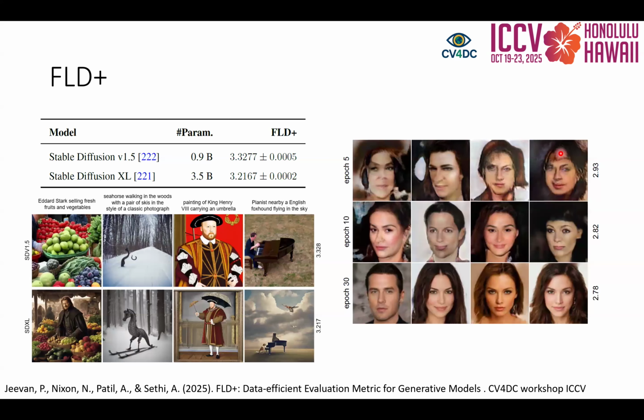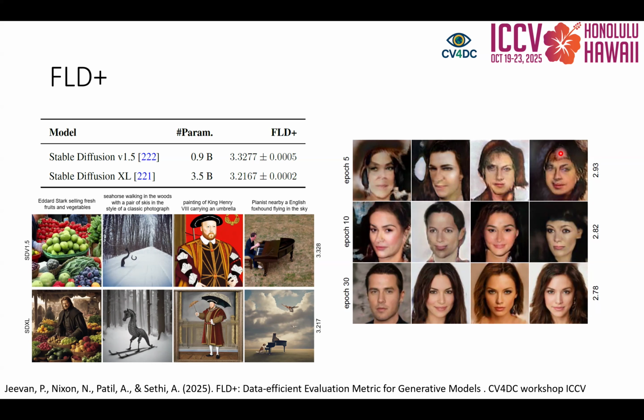And here we also tested it on larger architectures. We compared the performance of this metric, to see whether it is able to show that larger models, like the better Stable Diffusion models with 3.5 billion parameters, are actually better than, let's say, an older version of Stable Diffusion with less than 1 billion parameters.